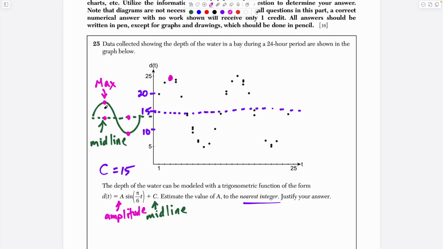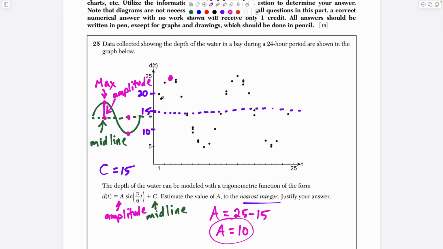So what is our amplitude? That's this space here. We could just take the maximum value minus the midline. Okay, so what is our a value to the nearest integer? We're going to say a equals 25 minus 15. So we could say a is roughly equal to 10.